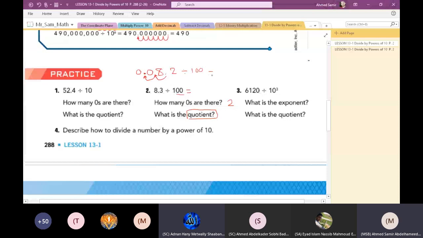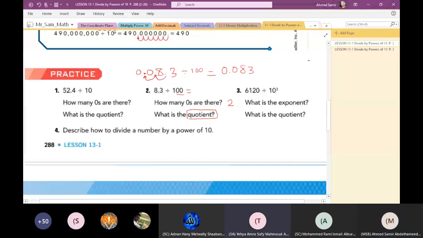Mister, you write 8.2. Sorry, it's 8.3. So the answer is 0.083, right? But the quotient has only 2 places after the decimal point. You wrote 3 zeros.